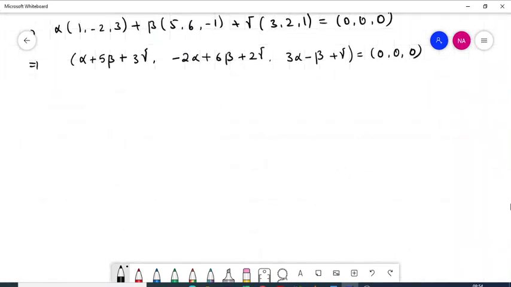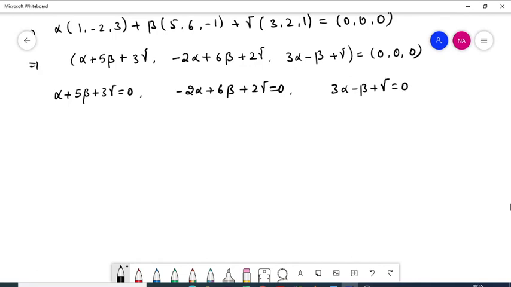So we get, by comparing elements on both sides, alpha plus 5 beta plus 3 gamma equal to 0, minus 2 alpha plus 6 beta plus 2 gamma equal to 0, 3 alpha minus beta plus gamma equal to 0.